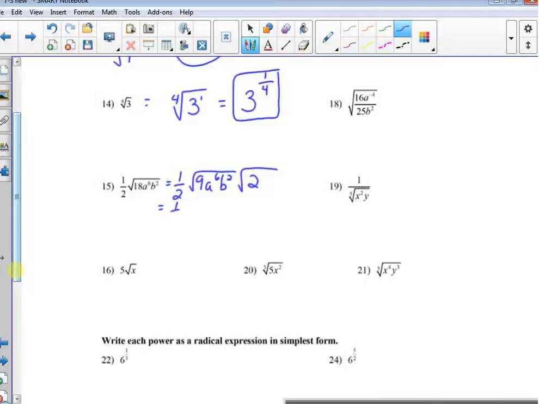So I get 1/2 times 3a to the, now remember the root here is a 2, so we take 6 divided by 2, so this is a to the third, 2 divided by 2, b to the first, radical 2. So putting it all together here, we have 3a cubed b times 2 to the 1/2 all over 2.